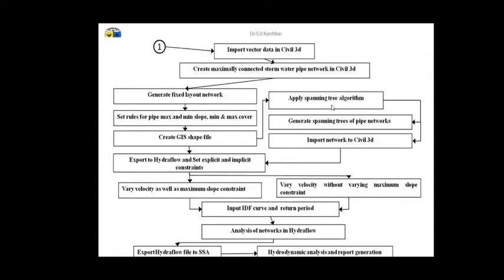So I have separately designed a code in Python, so that based on the network which you have created and the mean direction of the dam, it generates a number of alternatives.